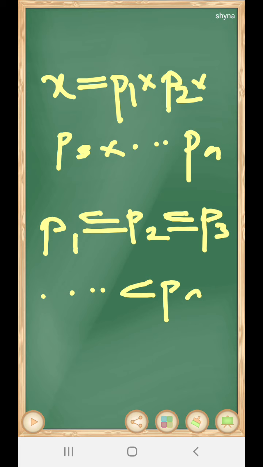That means this is general. Generally we can write every composite number as the product of primes in ascending order.